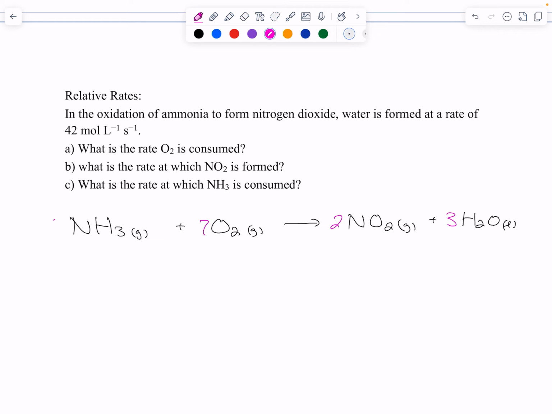So this becomes a 4, a 4, and a 6. Let's double check. 4, 4, yep. 12, 12, good. 14, 8, and 6, 14. Excellent. All right. So I would write down now the rate of our reaction.